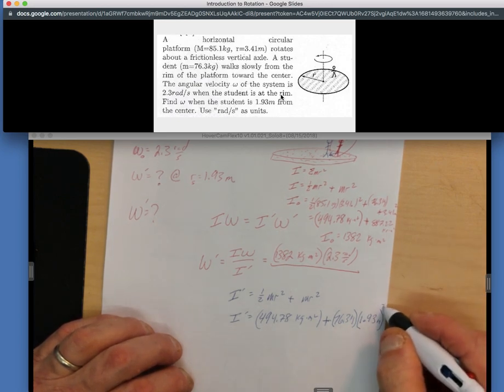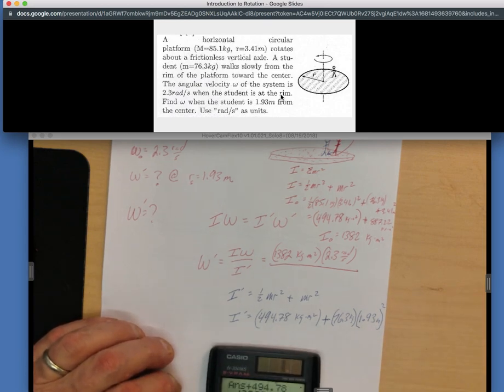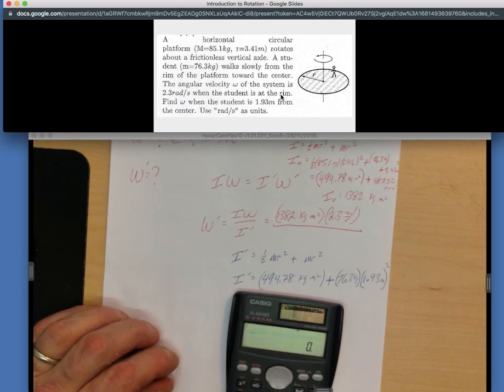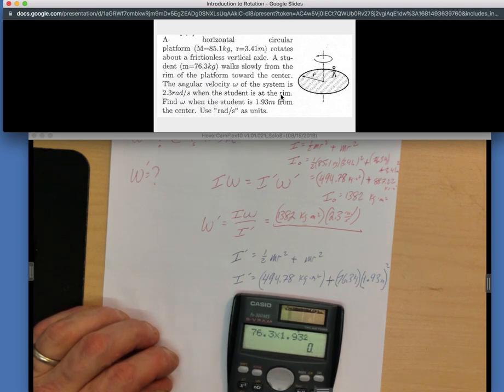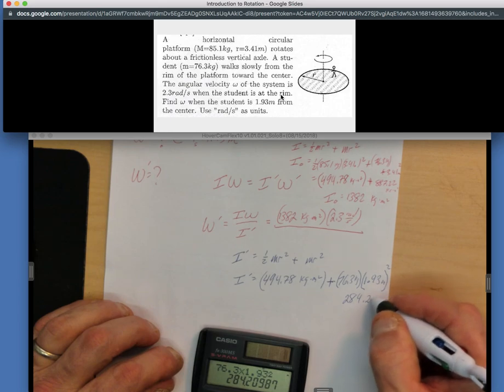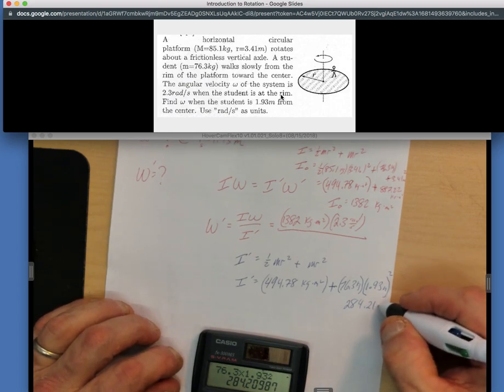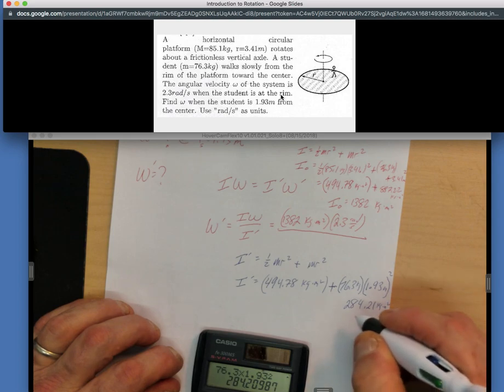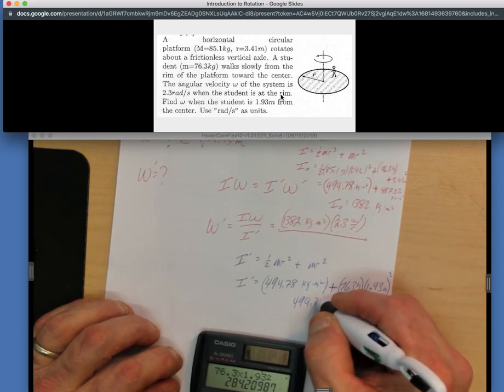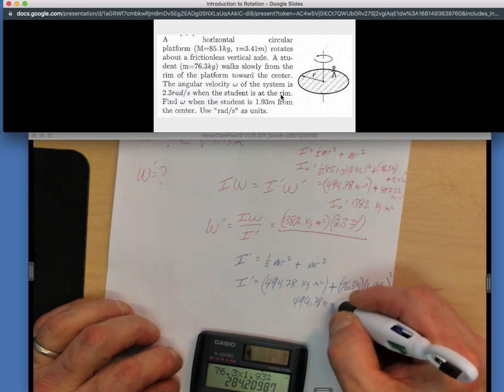So 1.93, and that gets squared, right? Let's just do that term first. 76.3 times 1.93 squared. That number is 284.21 kg times meters squared, and that gets added to our 494.78 kg times meters squared.